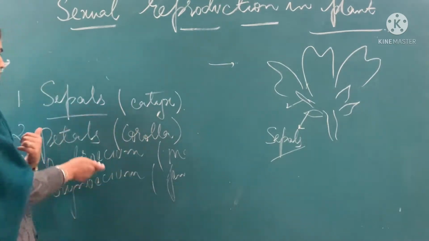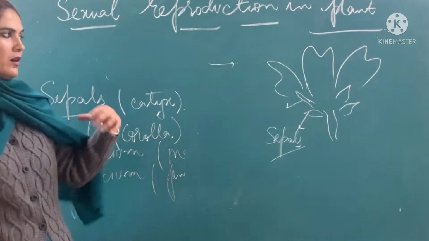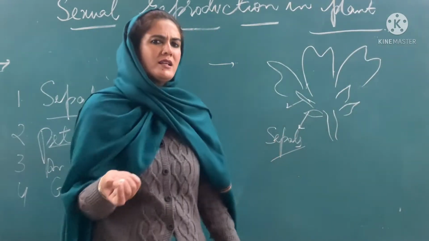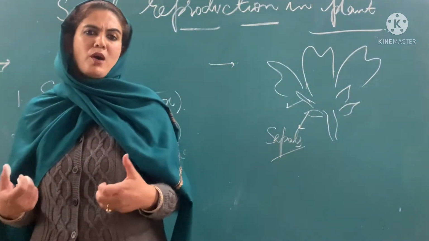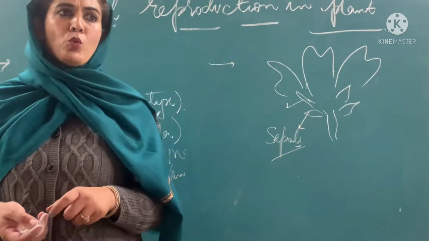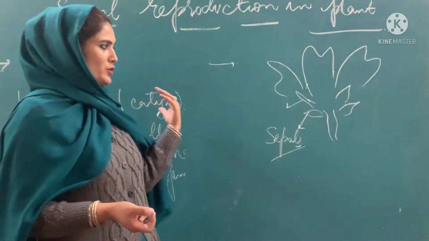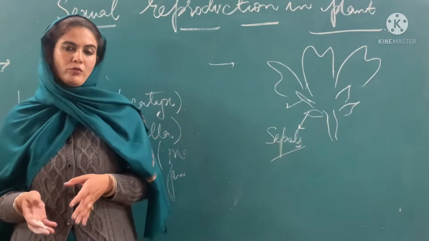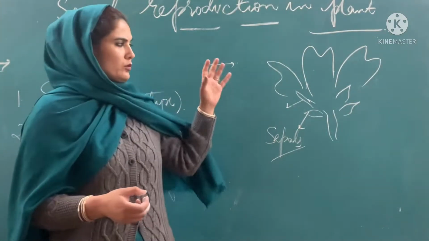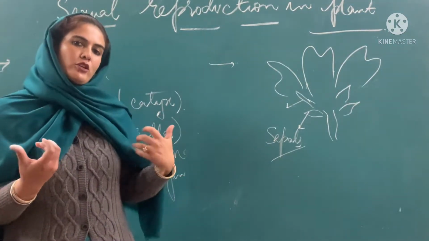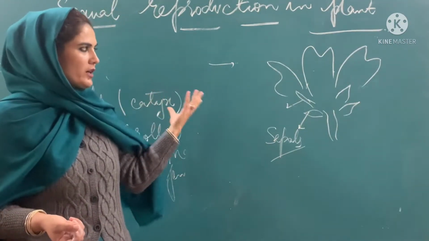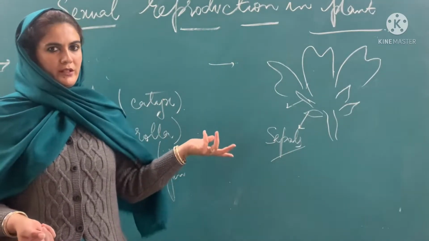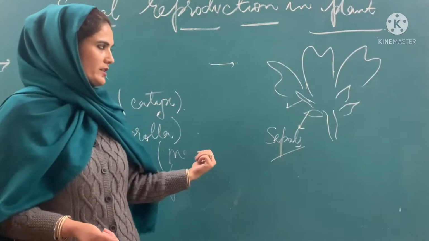Then we have the petals, and petals are the brightly colored part of a flower. They mostly attract insects like bees to carry out the process of pollination. Petals are very attractive, they attract insects towards themselves, and then the insects carry out the pollination process. That is the second part.